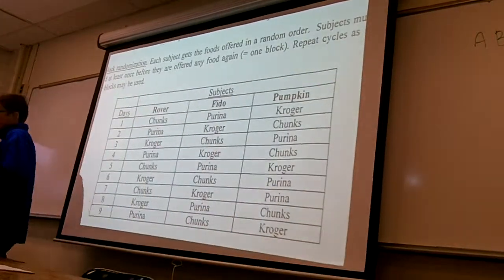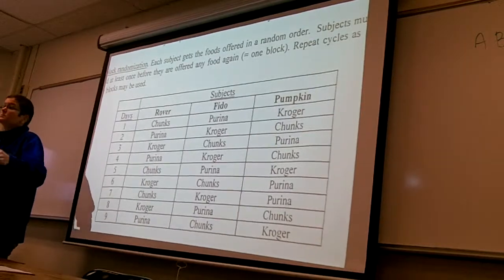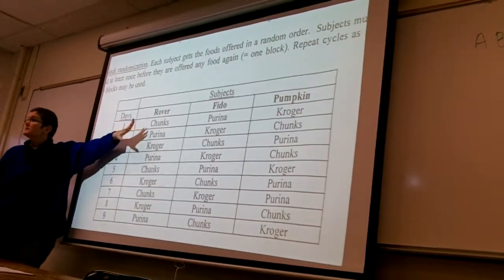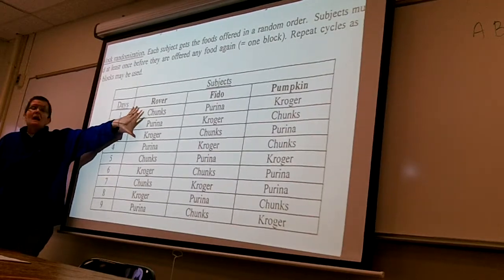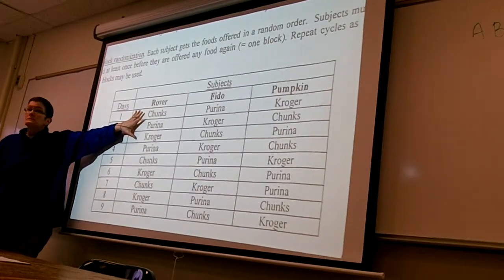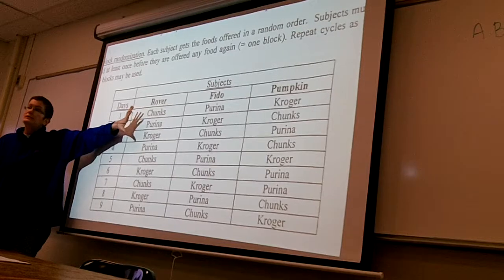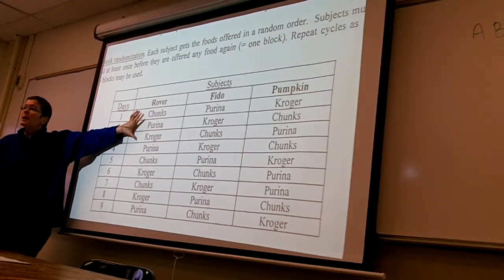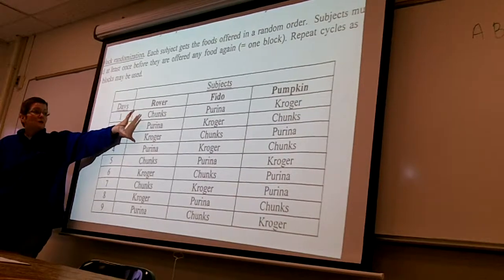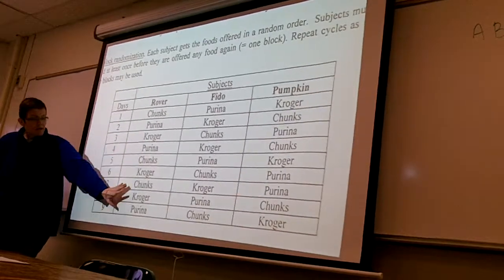All right, so we can do simple block randomization where we just keep going through. And you'll notice also that we have 3 foods. And when I assign the dogs their food to eat for a given day, I make sure that I'm cycling through a block for each dog also. So this is a block, this is a block, this is a block.